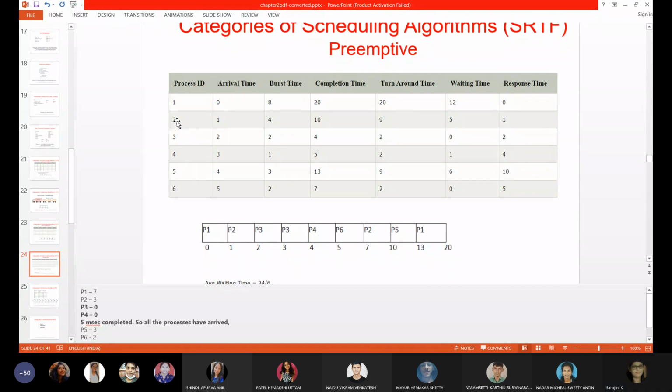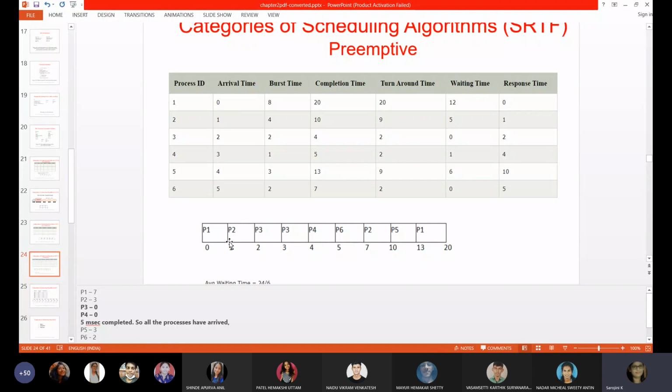What is the CPU burst time of process P2? 4 milliseconds is the CPU burst time of process P2. Now currently, what is the CPU burst time of process P1? Out of 8 milliseconds, it completed 1 millisecond, 0 to 1.